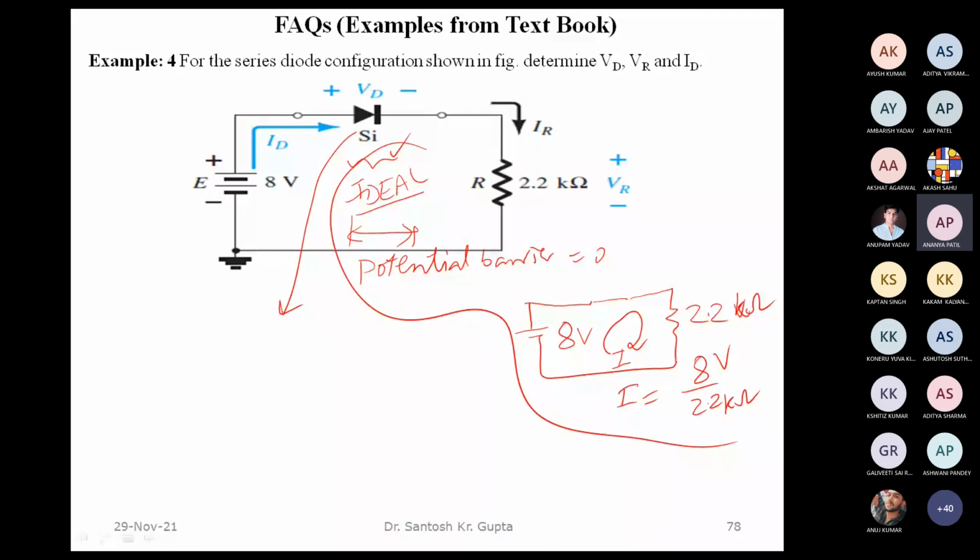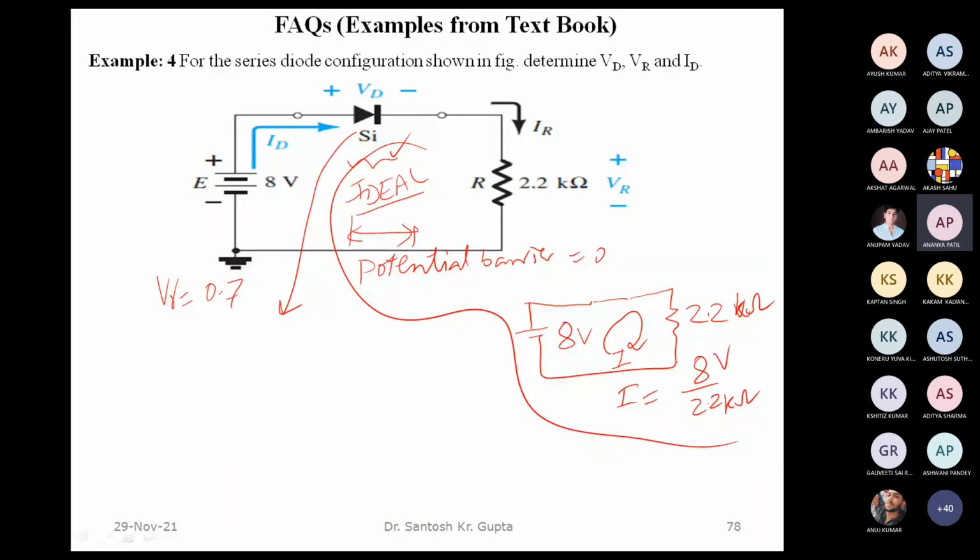Again, if we assume that the forward resistance offered by this silicon diode is very small, say zero, but the potential barrier is not negligible for the silicon diode. It is 0.7 volt. So 0.7 volt has to be applied by the batteries to overcome the potential barrier of this diode.